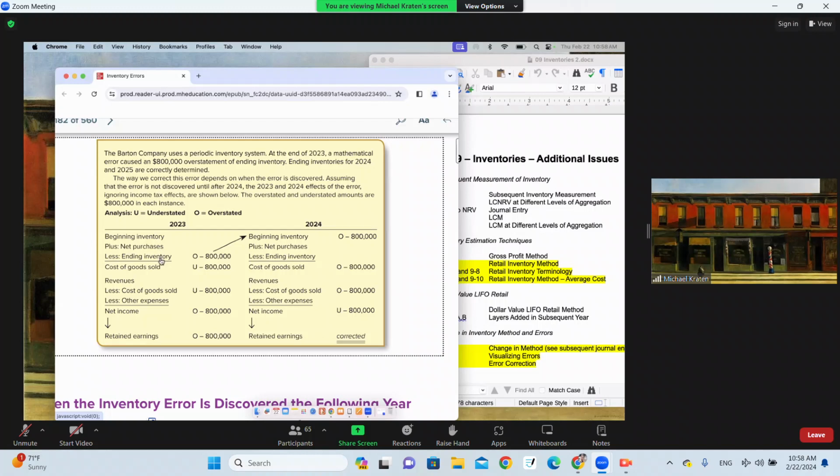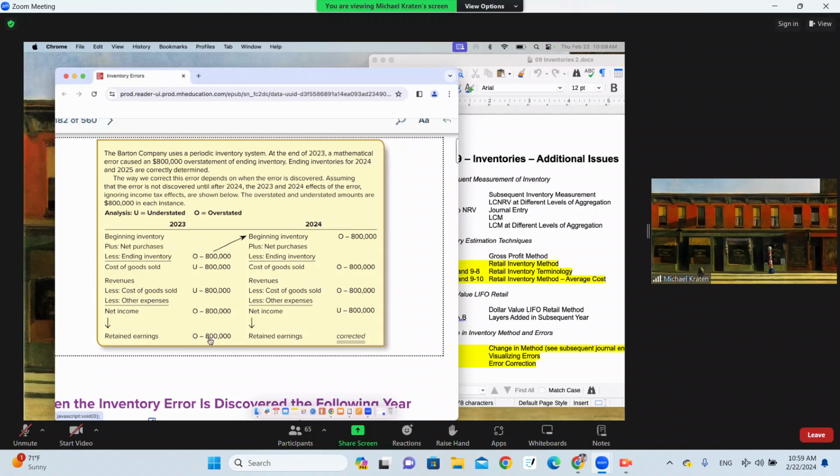Okay. If beginning inventory plus purchases minus ending inventory is cost of goods sold, if your ending inventory number is too big, overstated, then your cost of goods sold will be too small, understated. Okay, well then last year, still in the 2023 column, if your revenues are correct, but your cost of goods sold expense is understated, then your net income, which is revenues minus expenses, will be overstated.